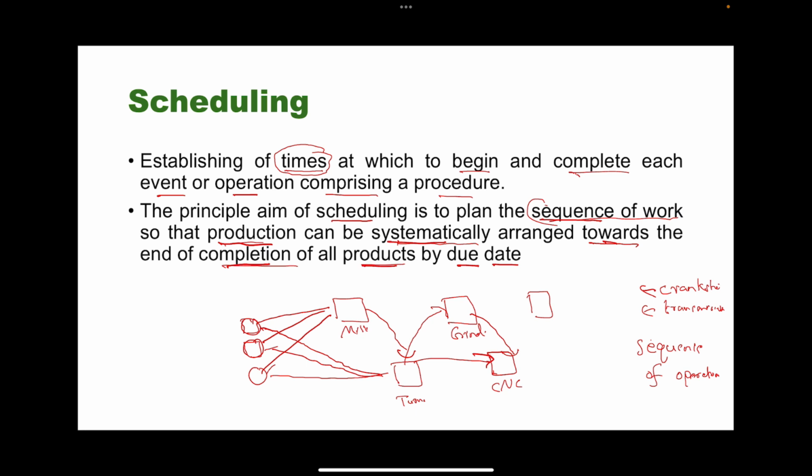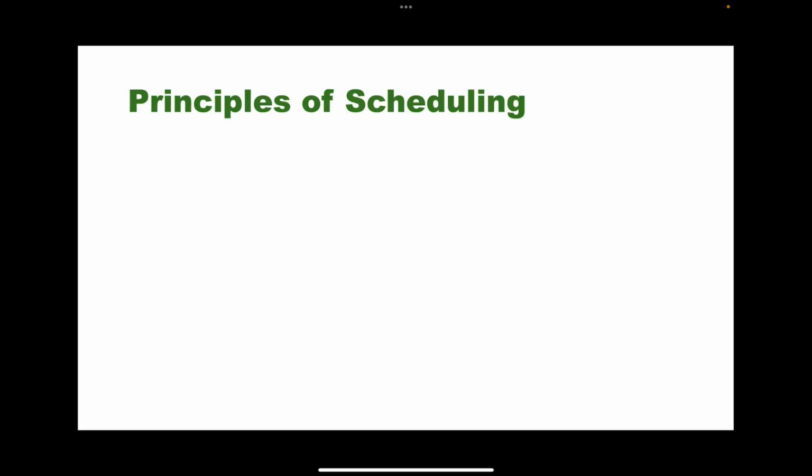The requirement may be to complete this crankshaft at a particular date and this at a particular date, etc. So we are determining the sequence of operations so that the operations can be completed. That means we should allocate work to this grinding machine, to this milling machine, to the CNC machine, etc. This is scheduling.